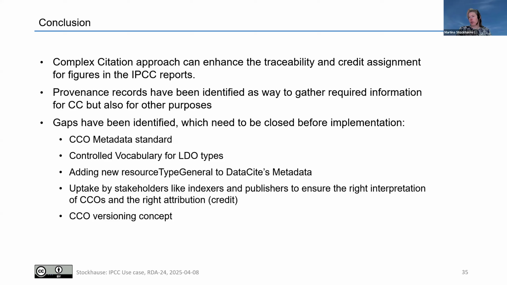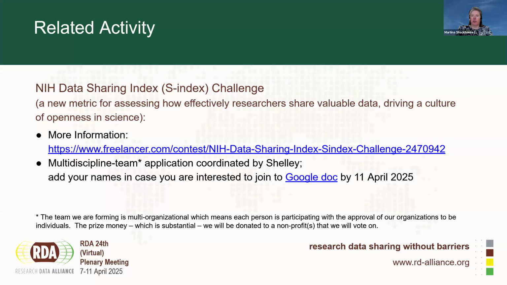And we need the resource type general in DataCite's metadata to identify these objects. And of course, it needs to be taken up by stakeholders, like Shelley mentioned in the beginning, how complex these different stages of data and metadata reuse is. And at some point, we need to discuss versioning. So that's more or less all what I have to share.